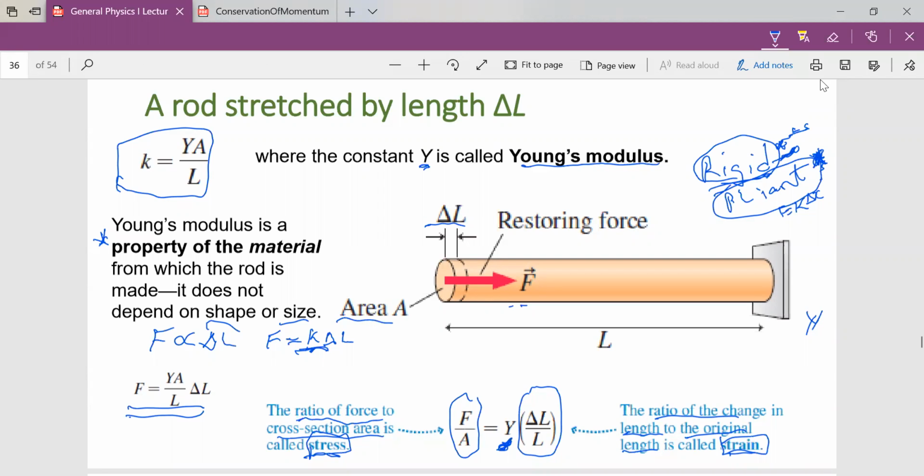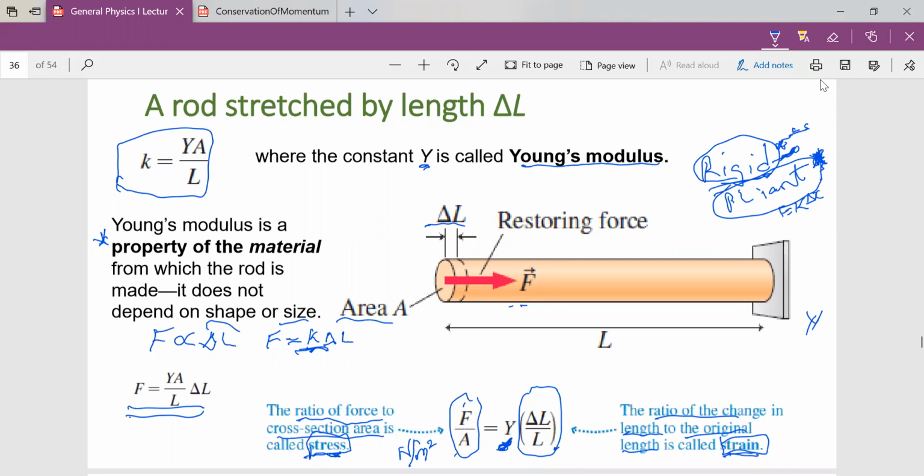Okay, so we can see the unit of stress taking the unit of these two, which is Newton per meter squared. And because the length, meter over meter, will cancel, this makes the ratio here, strain, dimensionless.